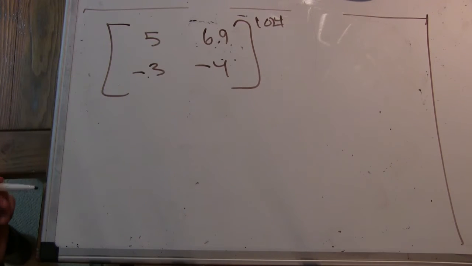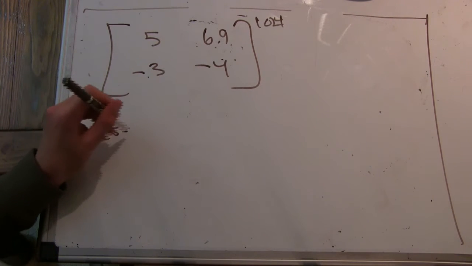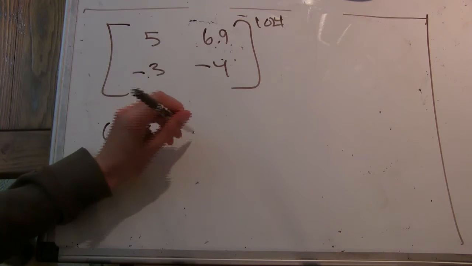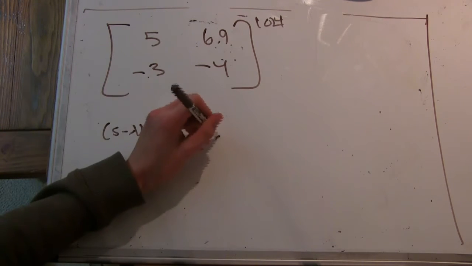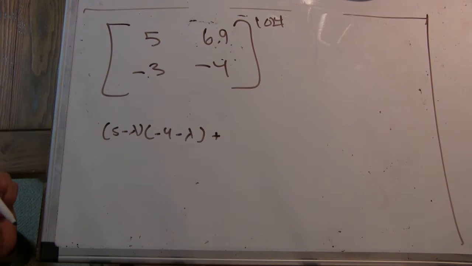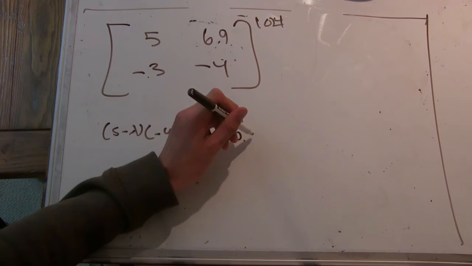So we have 5 minus lambda times 4 minus lambda. This time it's plus 3 times 6.9, which is 20.7.